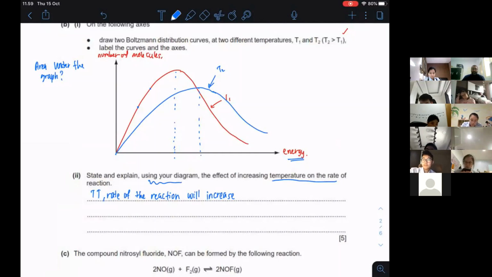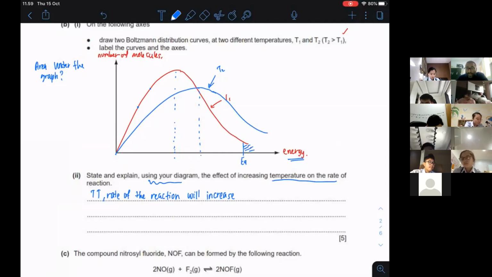I think when you want to actually refer to the rate of reaction, in this case, you have to actually talk about activation energy. So let's say this is going to be your activation energy, the minimum energy. So if you put here, there will be this amount of particles that can actually form a reaction.